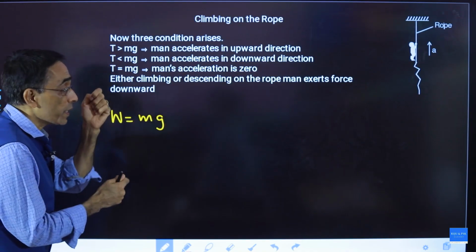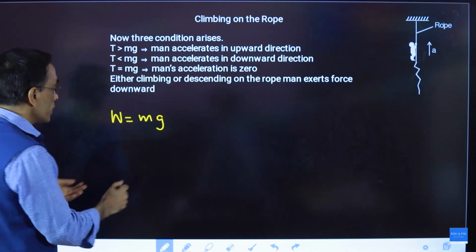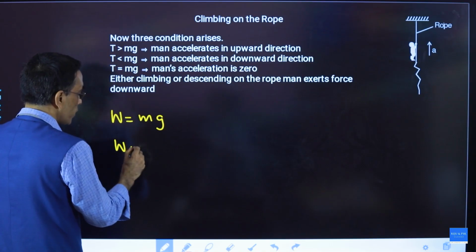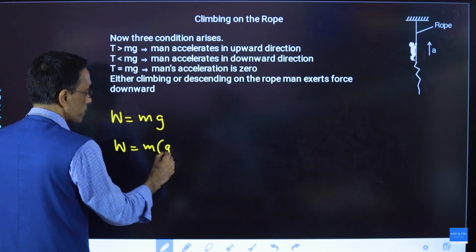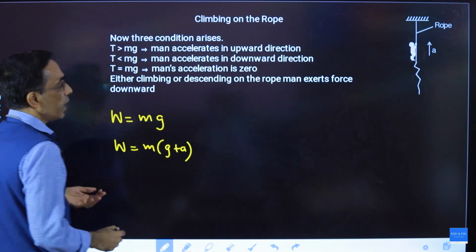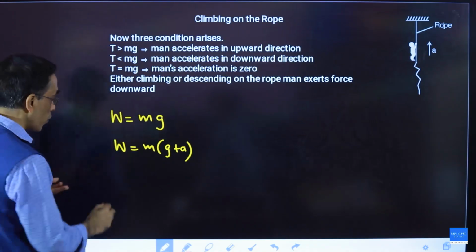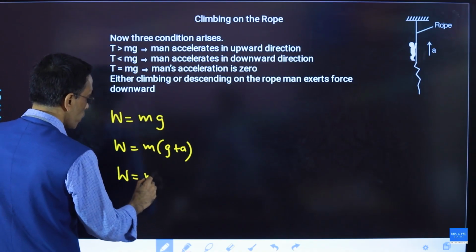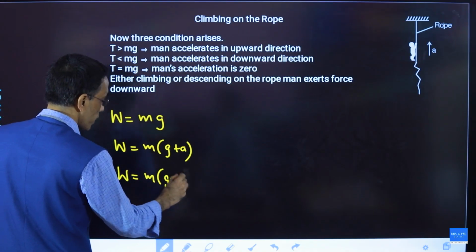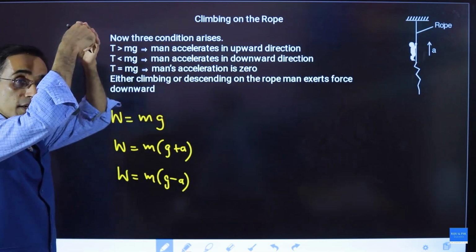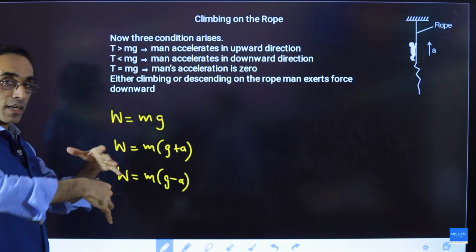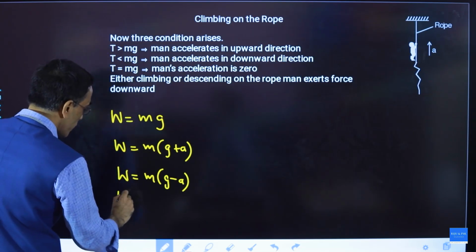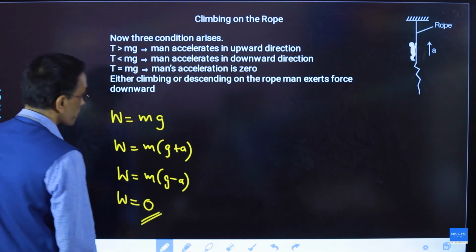But if he is accelerating upward, then the weight of the man will be equal to m into g plus a. And if the man is accelerating downward, then his weight will be equal to m into g minus a. And if he is falling through the rope without touching it, then the weight experienced on the rope will become 0.